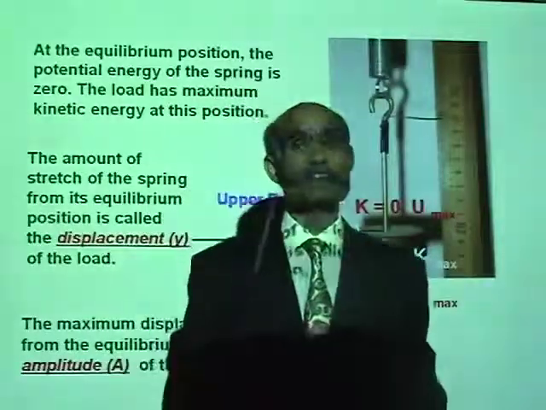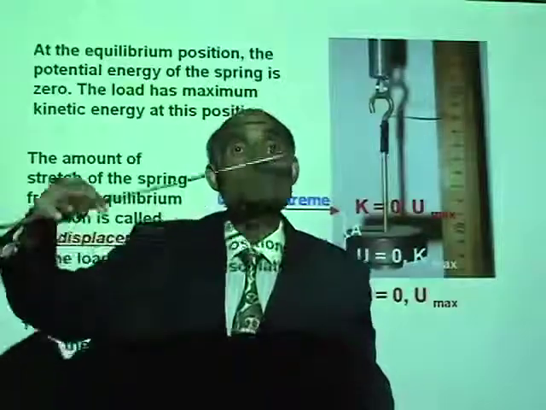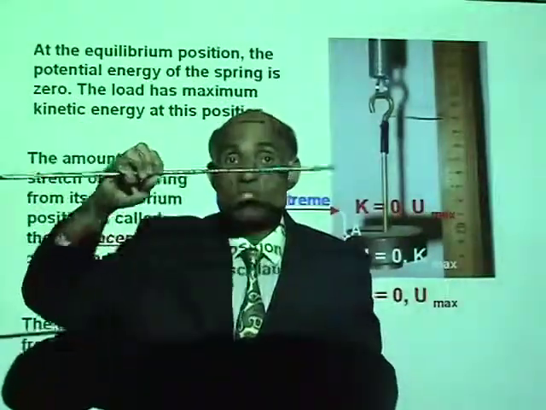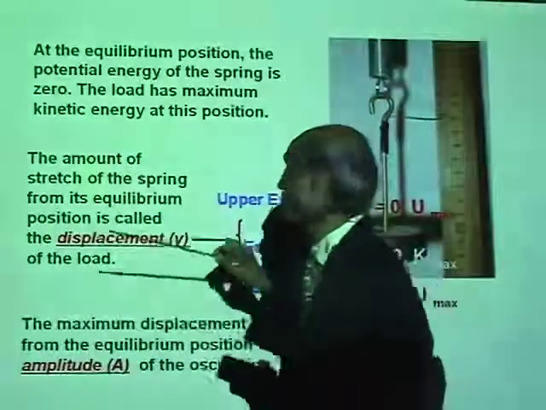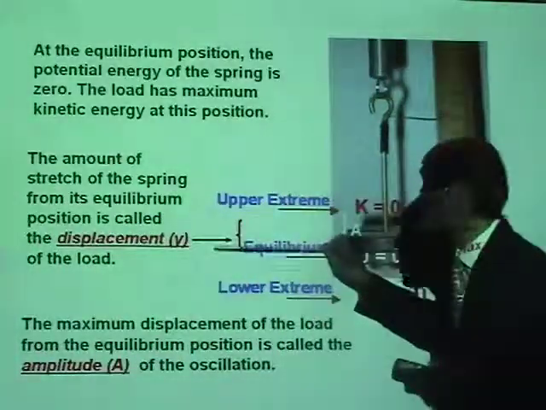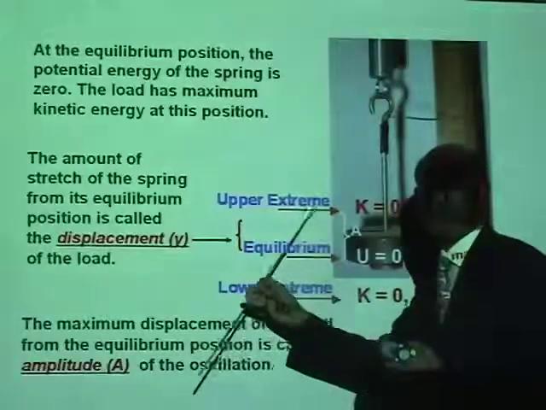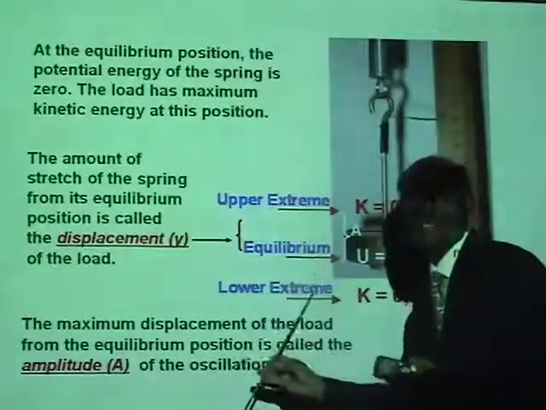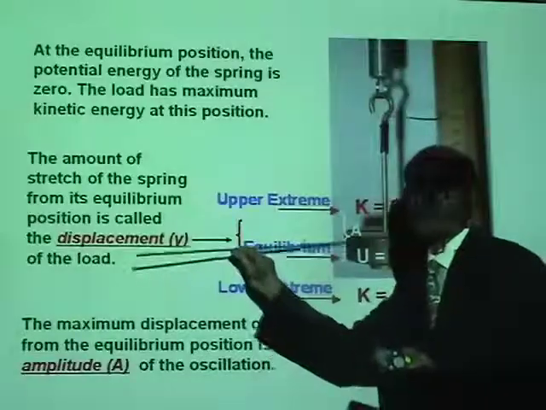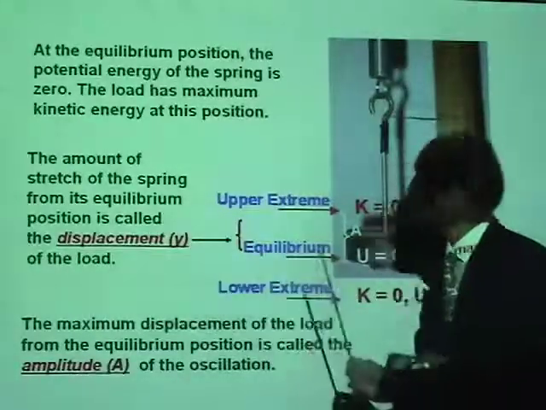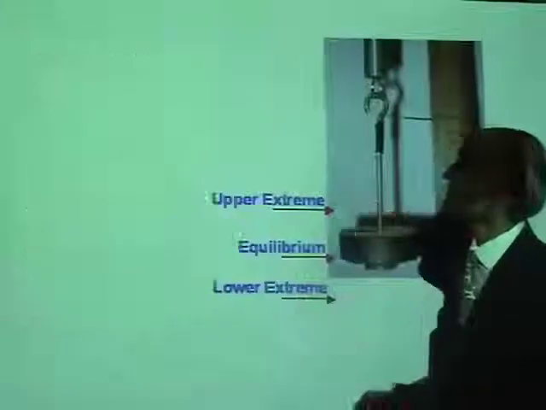Amplitude of oscillation is the maximum displacement of the oscillating object, and displacement is measured from where? From the equilibrium position. That means the displacement can be positive or negative. An upward displacement is positive and a downward displacement is negative.